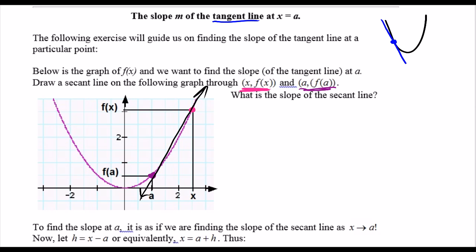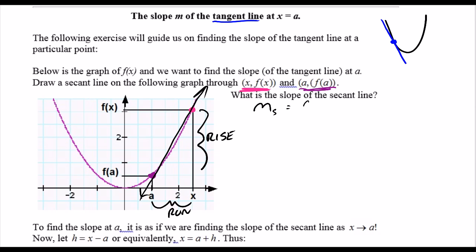All right. So we have our secant line. And what is the slope of that secant line? Well, any slope is going to be rise over run. So what did we rise, and how far did we run? Well, the slope of our secant, m sub s, is equal to our rise over our run.